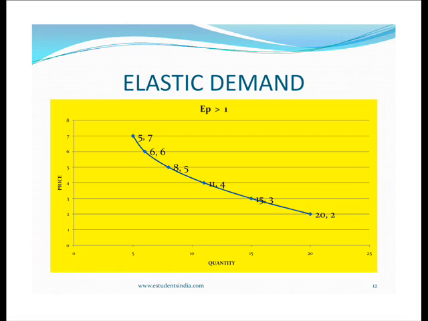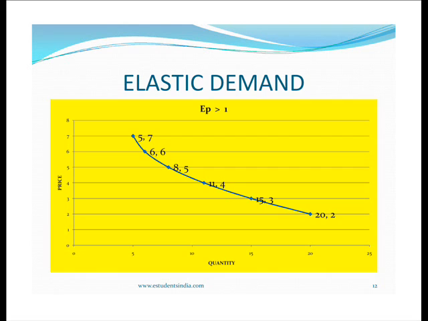Elastic demand. Quantity along the x-axis, price along the y-axis. Price elasticity EP is greater than 1. Look at the graph. Price rupees 2, quantity demanded 20 units.